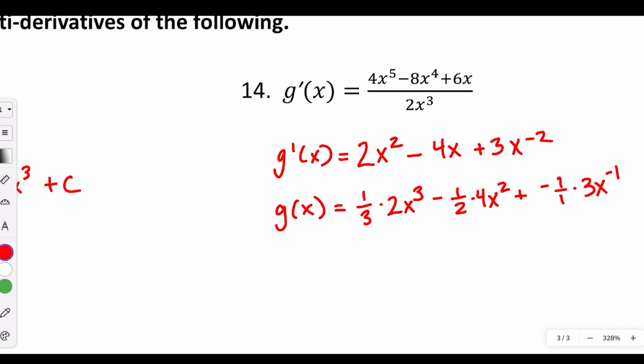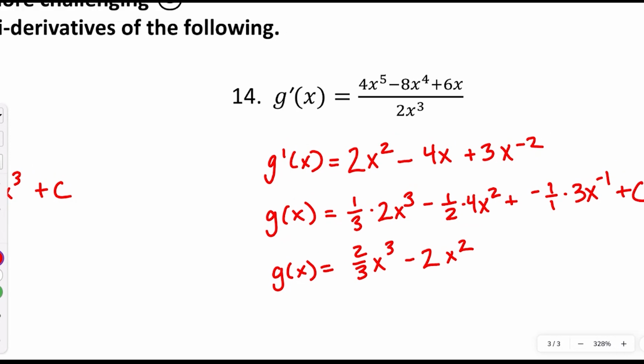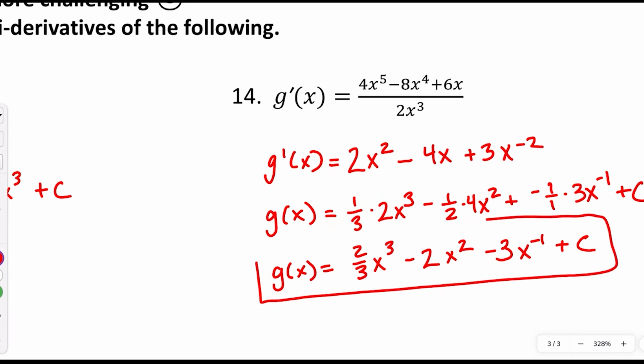Yeah, so now we'll clean it up. 2/3 x cubed minus 2x squared. Oh, and I forgot my plus c. There we go. Minus 3x to the negative first power. Now that last term might be written as negative 3 over x, but you can leave it like that.